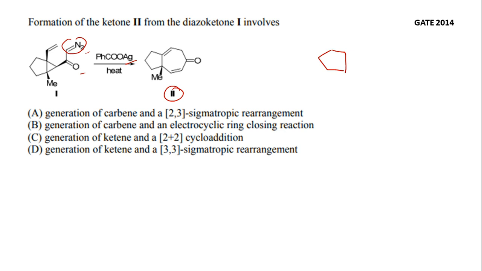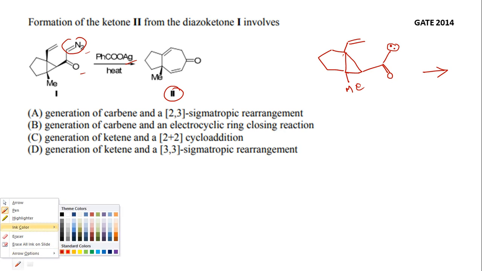As the silver salt is given, I am ignoring the stereochemistry because that is not required here. Here we have the cyclopropane ring, and here we have a methyl group. Now the position where this C double bond N2 is present, that will be the position where the carbene will be present. Now once you have this type of carbene, there will be a Wolff rearrangement.